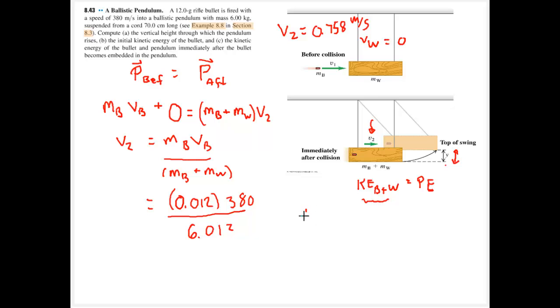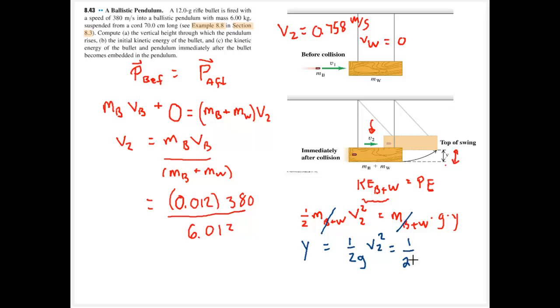Now I can apply my energy conservation: one half the mass of the bullet plus the wood multiplied by v2 squared is going to be equal to the mass of the bullet plus the wood multiplied by gravity multiplied by the height that it rises to, y. I cancel my masses out, and I solve for the height that it rises through, which is going to be 1 divided by 2g multiplied by v2 quantity squared.